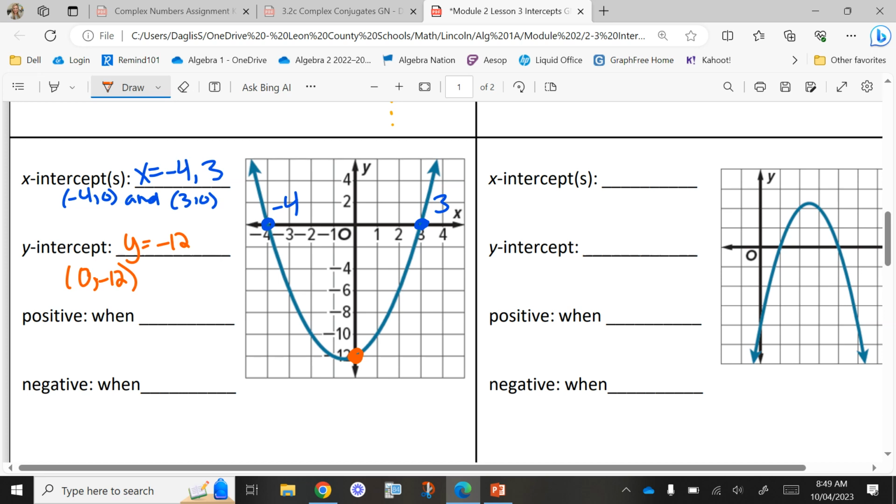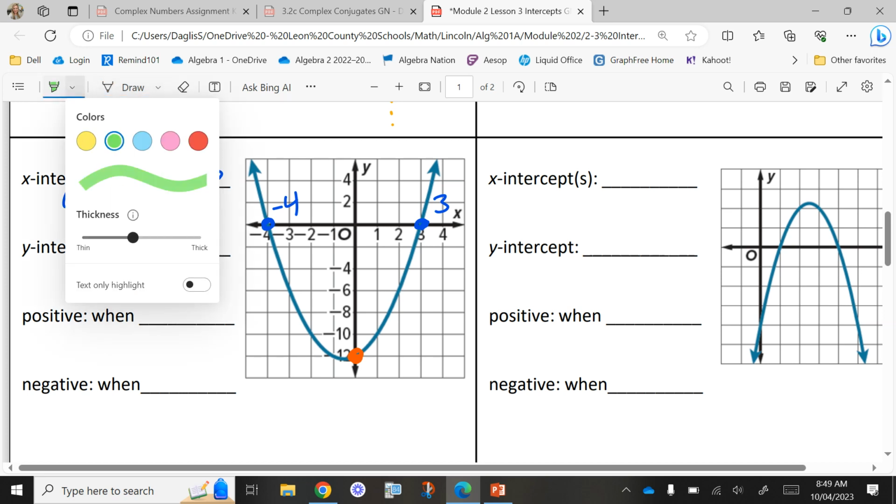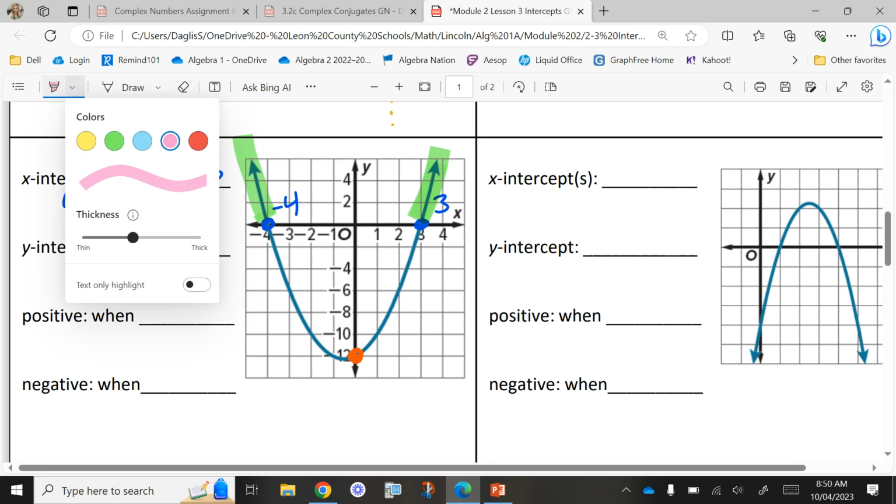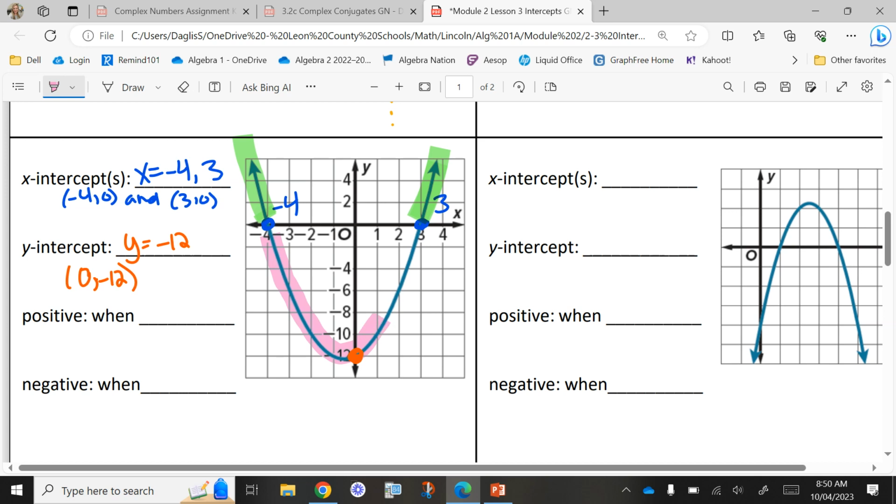All right, positive versus negative. I'm going to get my highlighter out. Do we agree there's actually two separate pieces that are in the positives? You see that? And then I got one piece that dips under to get negative values. So parabolas are special that way.